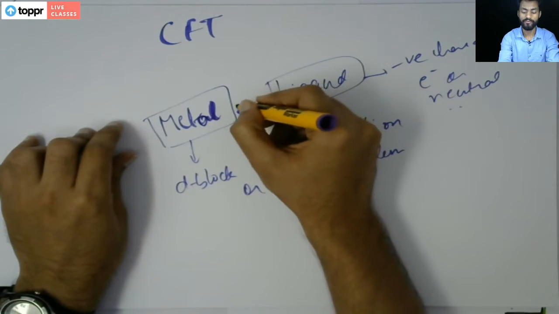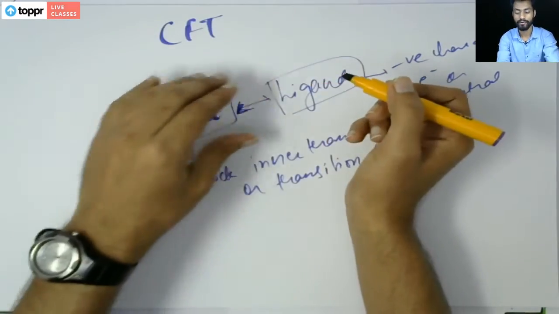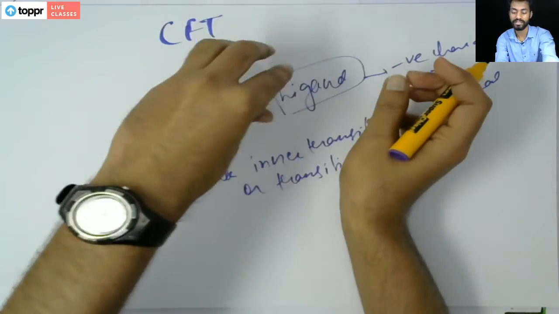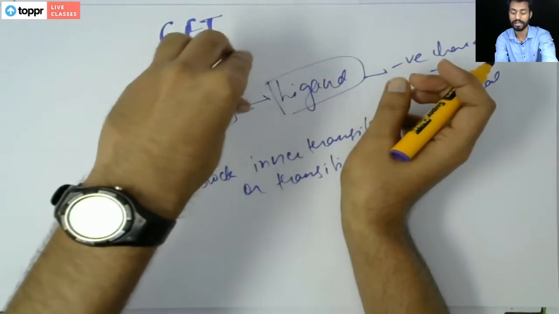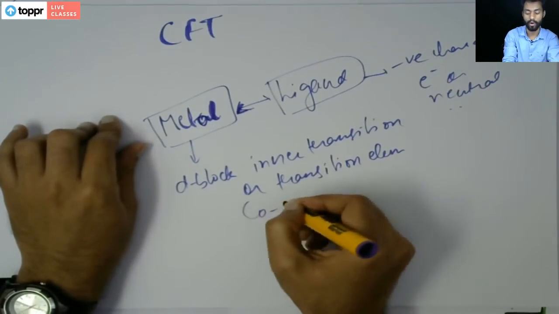The bonding involved here is kind of complete transfer of electrons, but sharing as well, because the ligand is transferring electrons and the metal is providing its orbital for occupation of these electrons of ligands. It is called a coordinate bond.